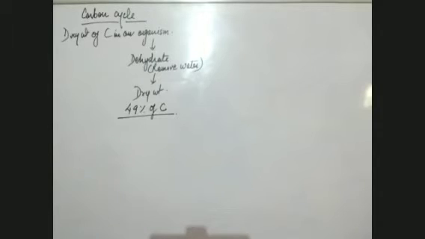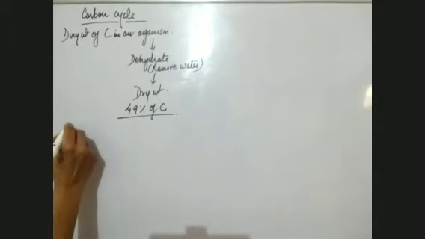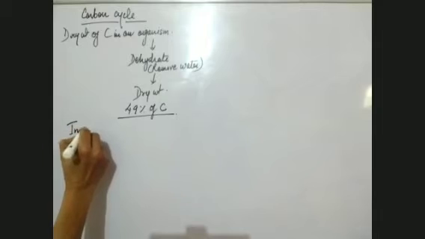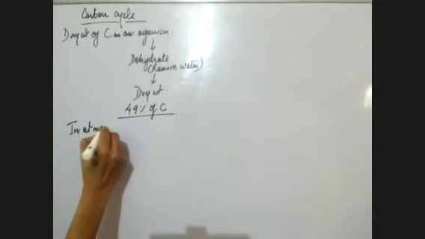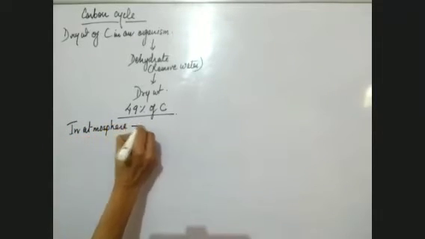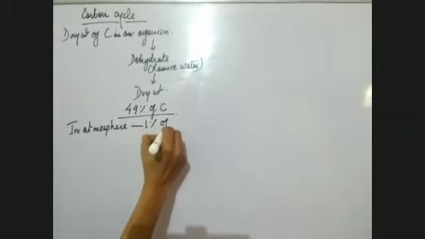Now, carbon is present in the atmosphere and in oceans. In the atmosphere, there is only 1% of carbon.